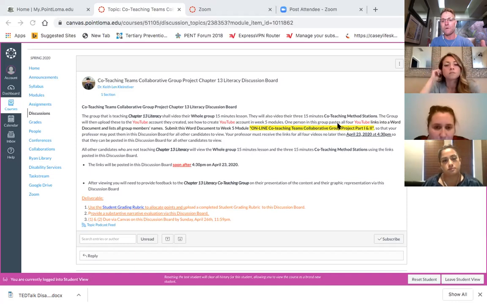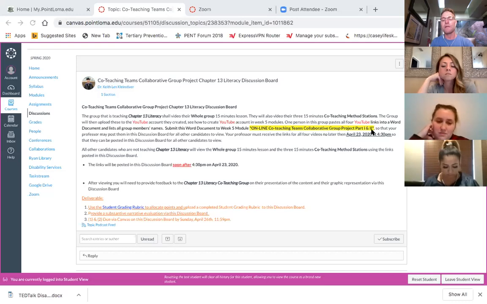One person in this group pastes all 4 links in a Word document and lists the group members' names. Then you submit this document to the week 5 assignment modules, online co-teaching team collaborative group project. That way, we know who's in that group. We have the list of names, and then we have the links that we're going to post here.